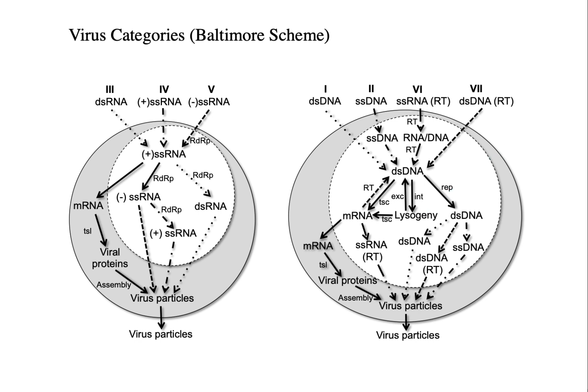But if they're going to make virus particles, then the mRNA goes into the cytosol to make the proteins, and the virus particles are then assembled around the nucleic acids. And then the virus is released either by budding off a piece of the host membrane or simply by being released by the membrane.